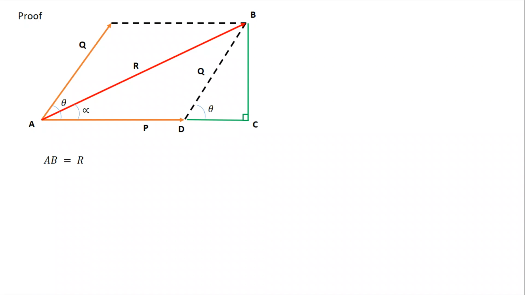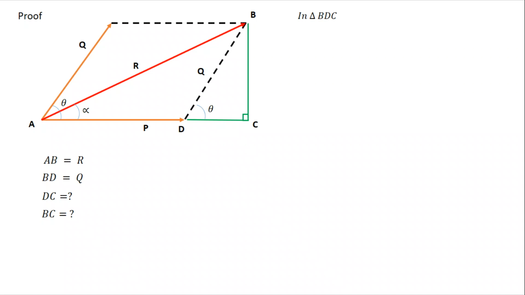Here diagonal AB is represented by R, which is nothing but the resultant. Then BD is equal and opposite to the Q vector, that is Q. Then DC is unknown here and BC is unknown here. So we have to find DC and BC, then we'll get the resultant R.